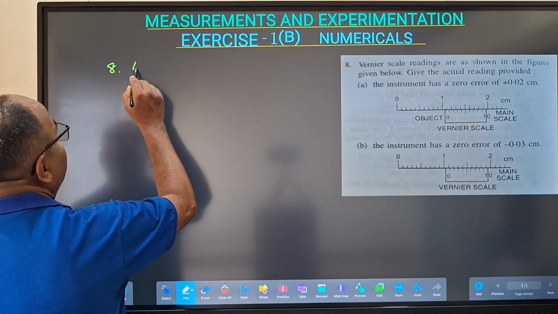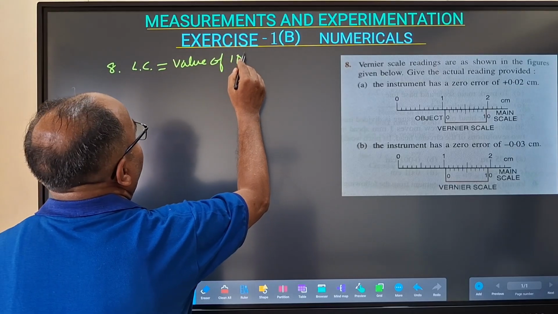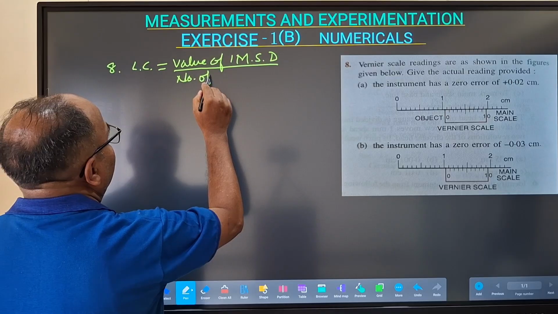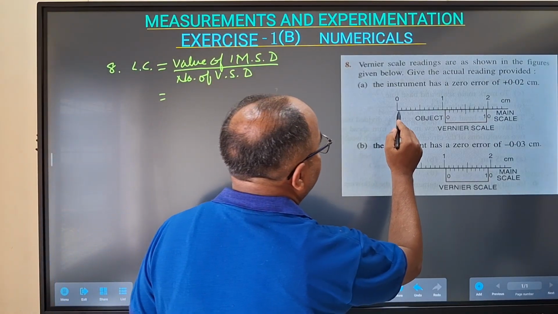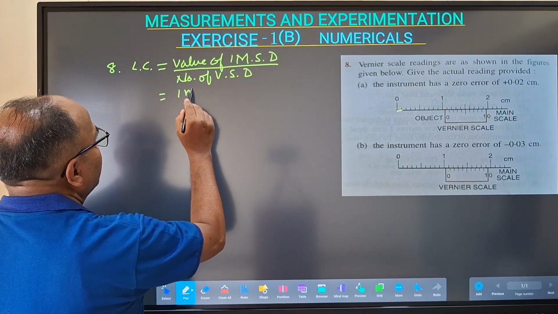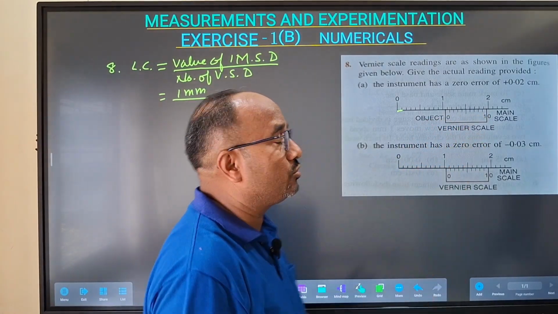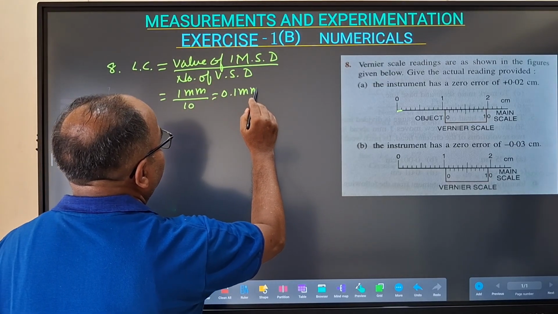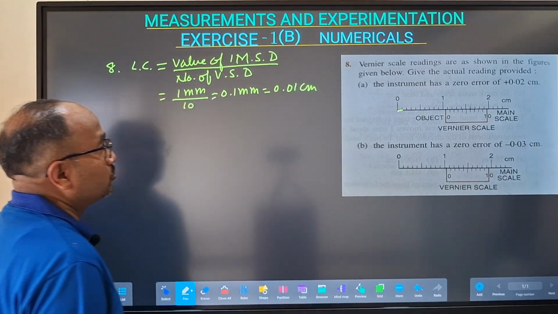So least count is the value of one main scale division divided by the number of vernier scale divisions. Here one main scale division is 1 millimeter, divided by the number of vernier scale divisions, 0 to 10, so there are 10 of them. That gives me 0.1 millimeter, which I can write as 0.01 centimeter. So I know the least count.